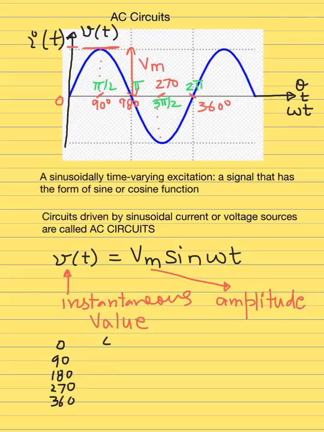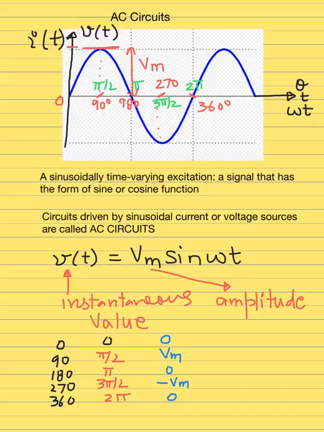So the angle in radians is 0, pi by 2, pi, 3 pi by 2, and 2 pi. And the value of the function v(t) is 0 at 0, Vm at pi by 2, 0 at pi, negative Vm at 3 pi by 2, and 0 again at 2 pi.